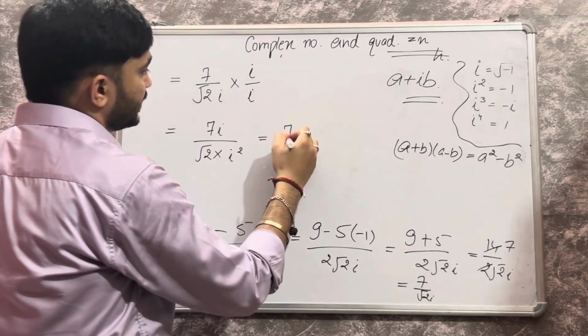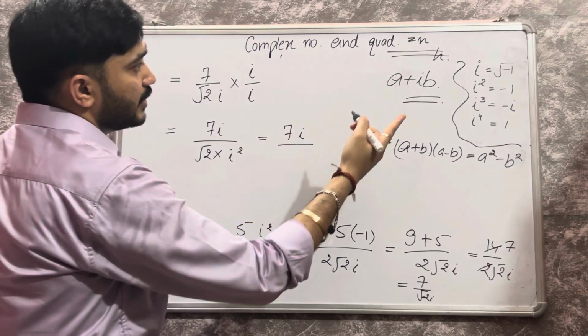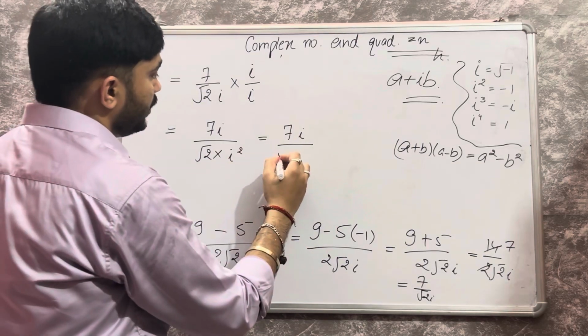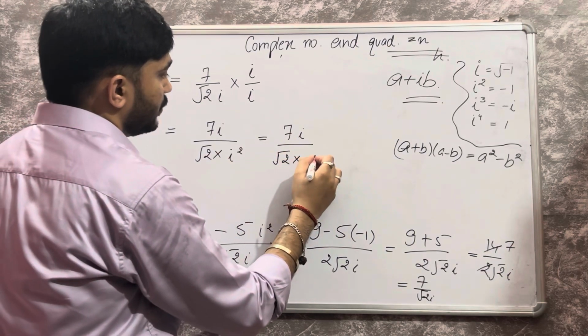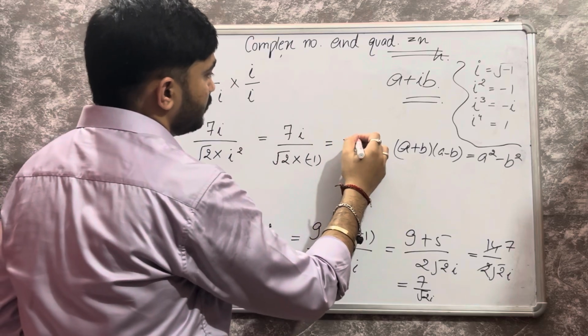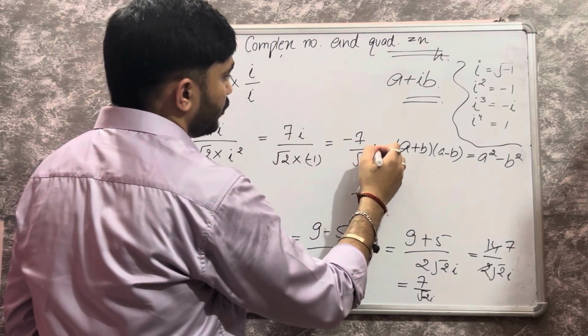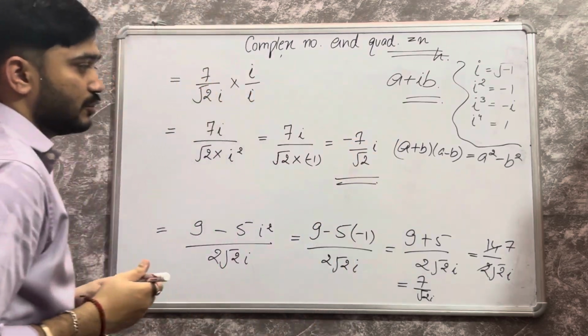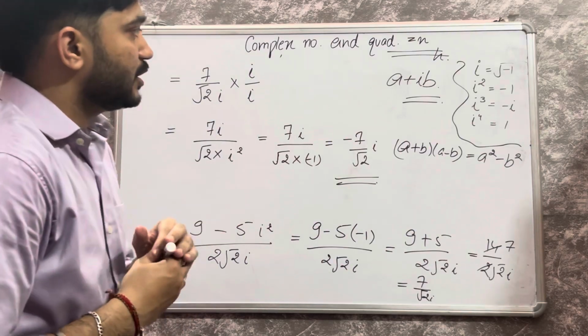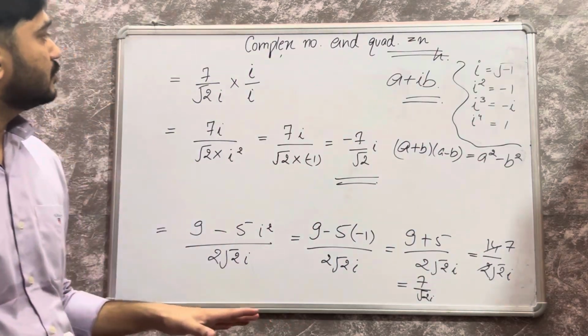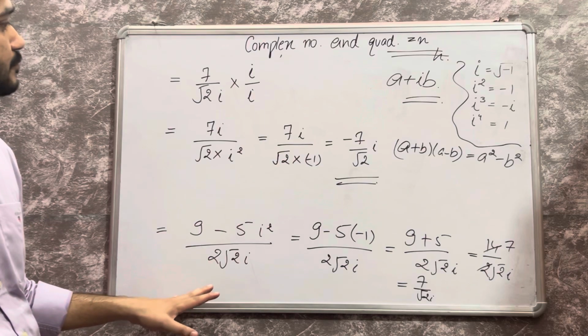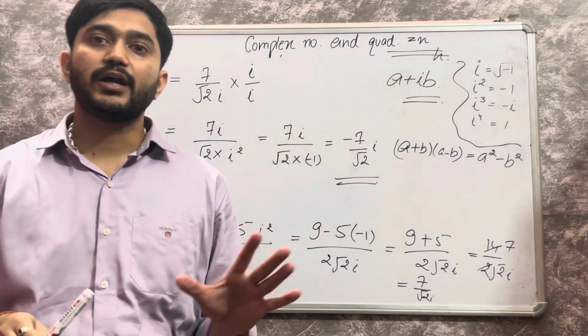Iota square value is minus 1, so you will get the answer minus 7 iota by under root 2. That's the answer of the question. Here we end the chapter and the whole chapter is completed here. Any doubts? You can ask in the comment section.